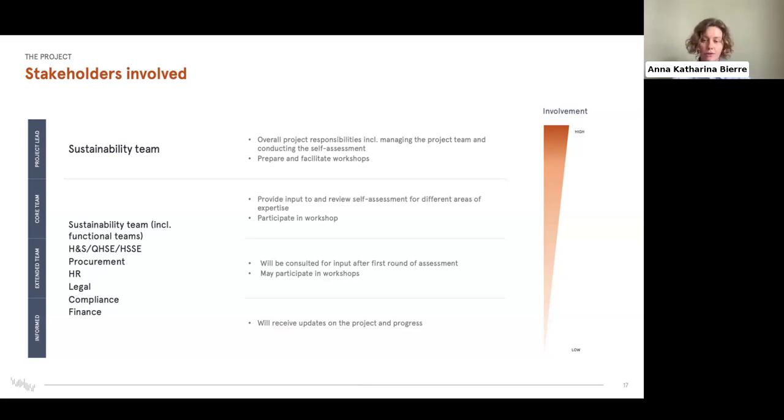And they were placed across core and extended team, depending on their involvement in the project. And if I should say one key learning from the project, it is that broad inclusion is, of course, valuable, especially early on.